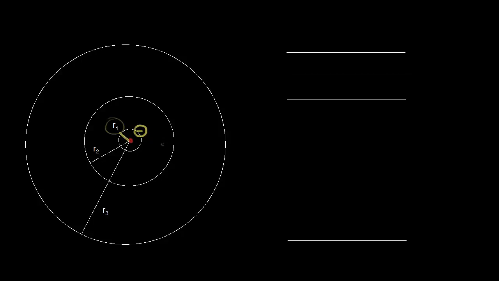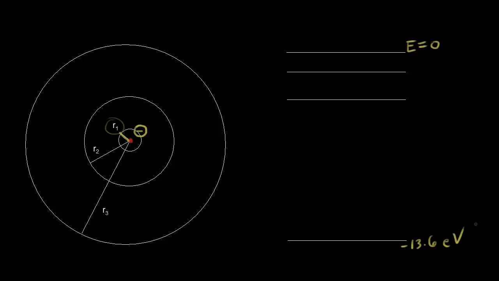And we just calculated that energy. When n is equal to 1, that was negative 13.6 electron volts. That's the energy associated with that electron as it orbits the nucleus. And so if we go over here on the right and we say this top line here represents energy is equal to 0, then this would be negative 13.6 electron volts.